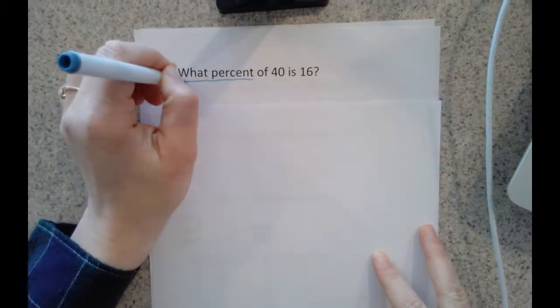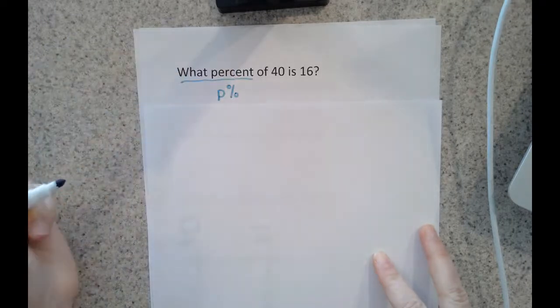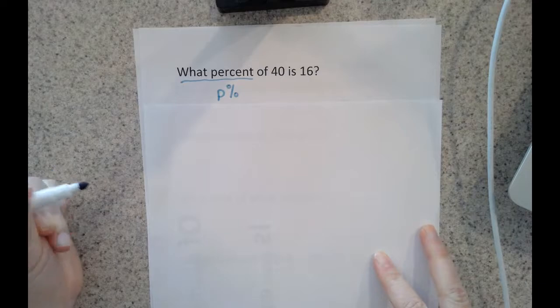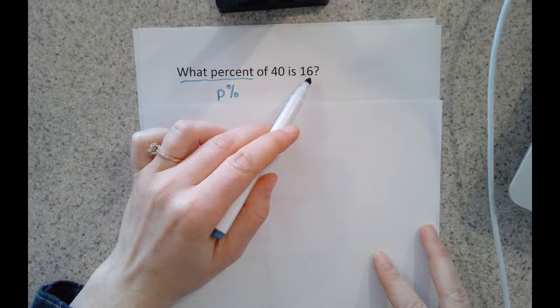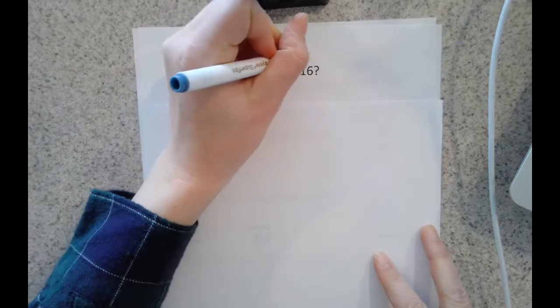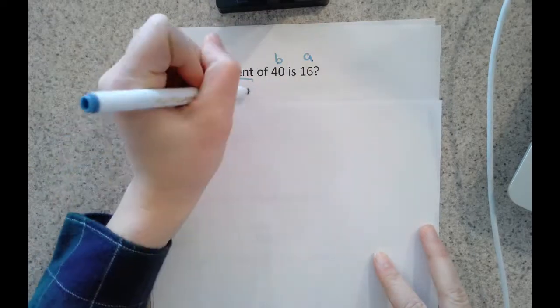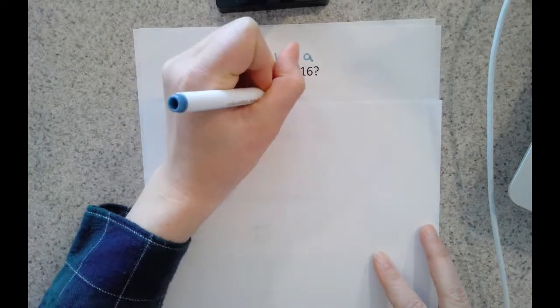What percent means find the missing percent. It's not given. 40 looks like the total amount, and 16 is just part of the total. So according to the formula, this being my base and this being my part, percent times base equals part.